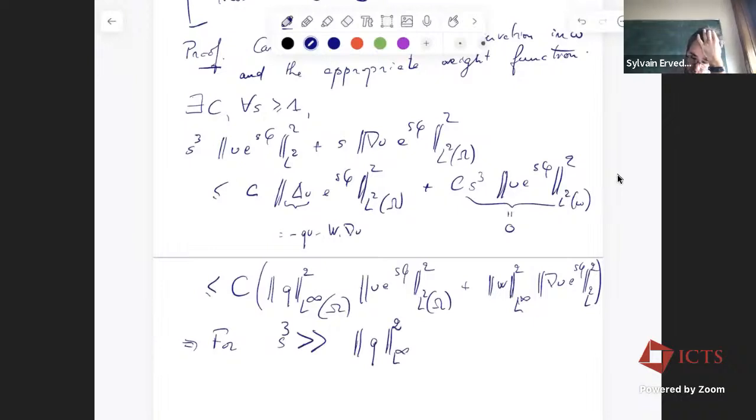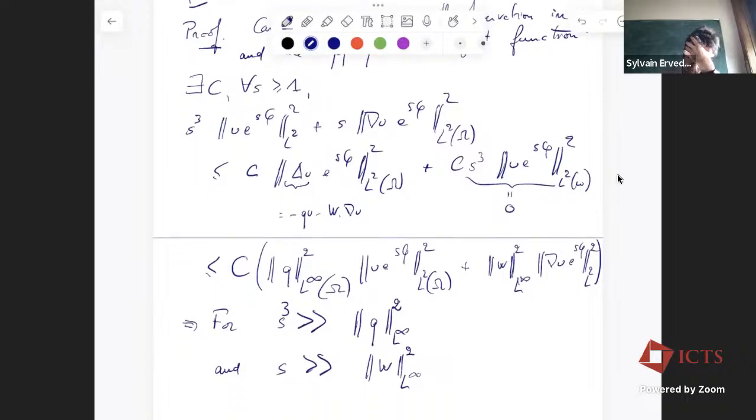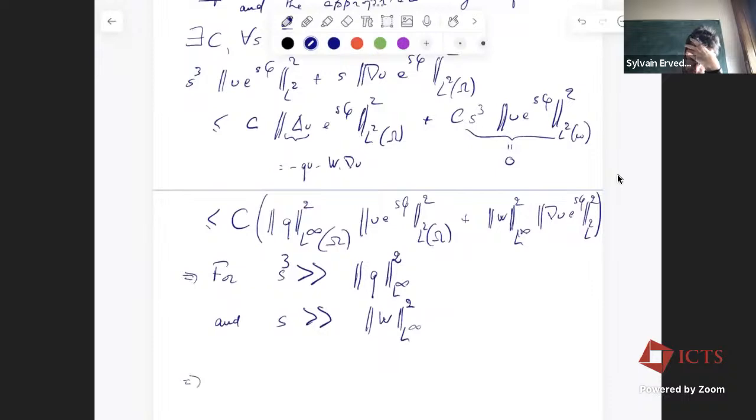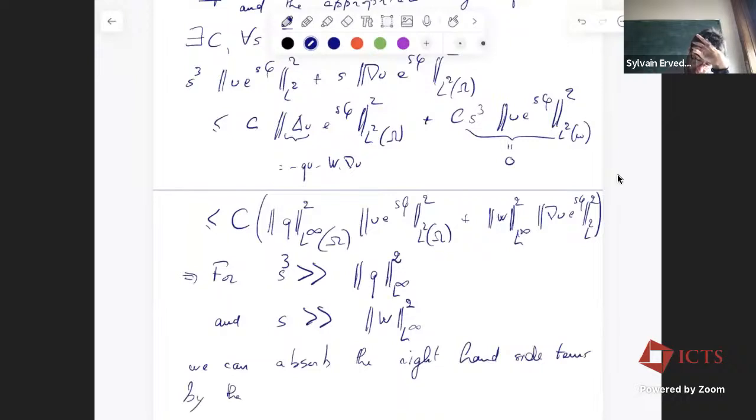So for s3 larger than the norm of Q in L infinity squared and s larger than the norm of W in L infinity squared, we can absorb the right hand side terms by the left hand side terms, and we get u vanishes everywhere.